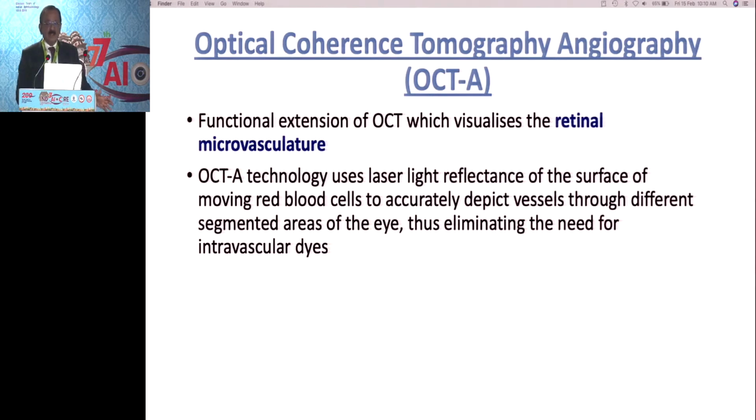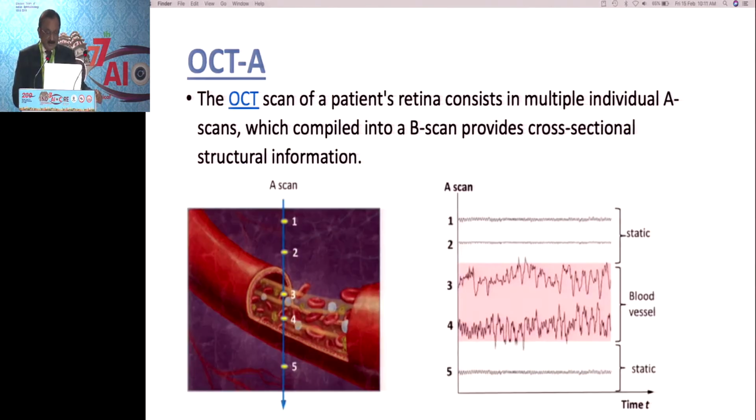And subsequently the OCTA, that is the optical coherence tomography angiography, came in, and this changed a lot of things for us. Even when the OCT was there, fluorescein angiography was taking a back seat, but with the OCTA, in many conditions very little fluorescein is indicated.